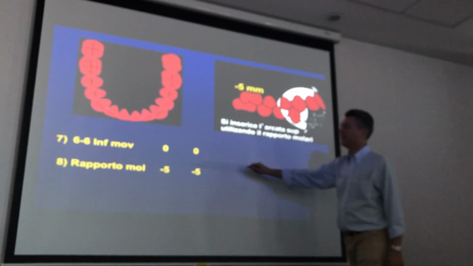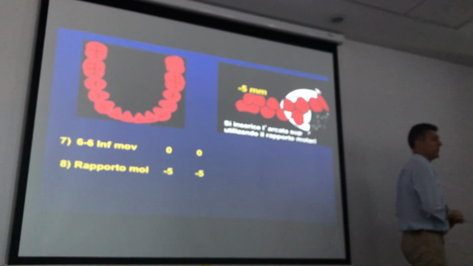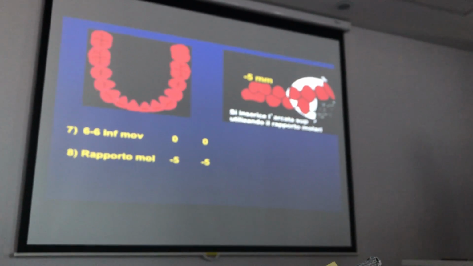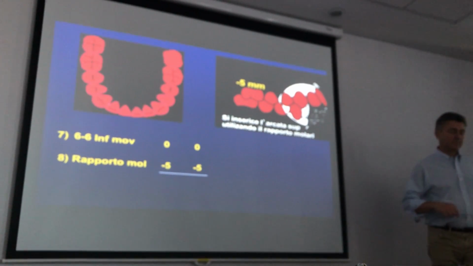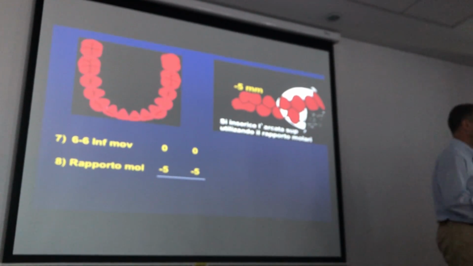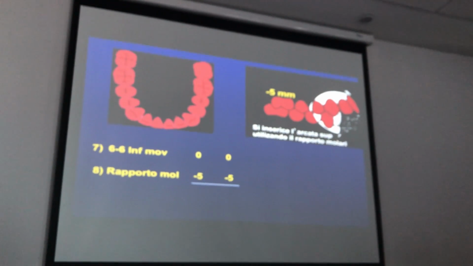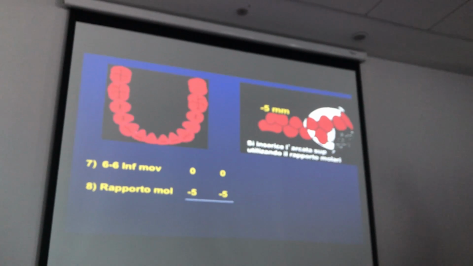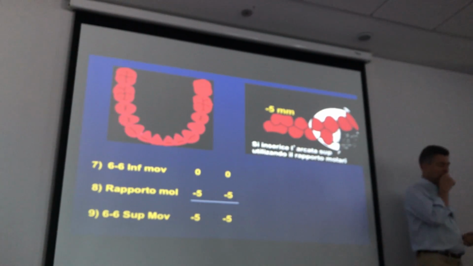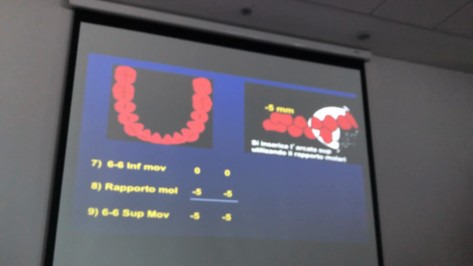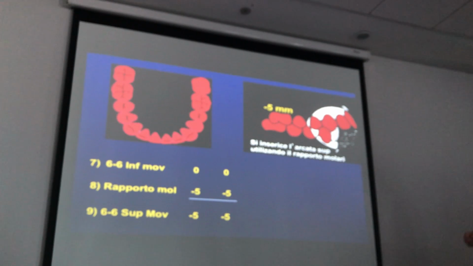So that means that there is a molar relationship of minus 5 because it's a complete class 2. So at this point, we know that we have to move the upper molar 5 millimeters back. All right? So if everything is okay in the lower arch, you have to consider the upper arch there.